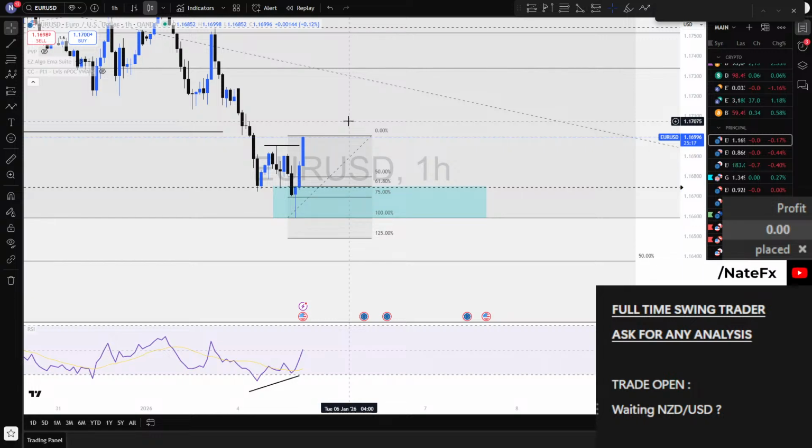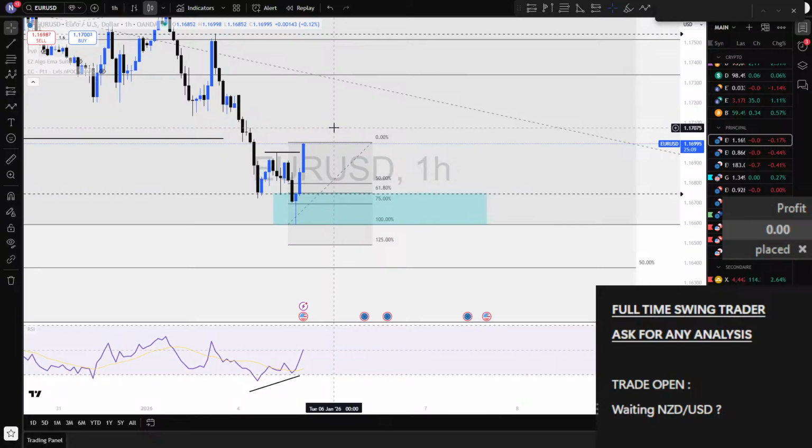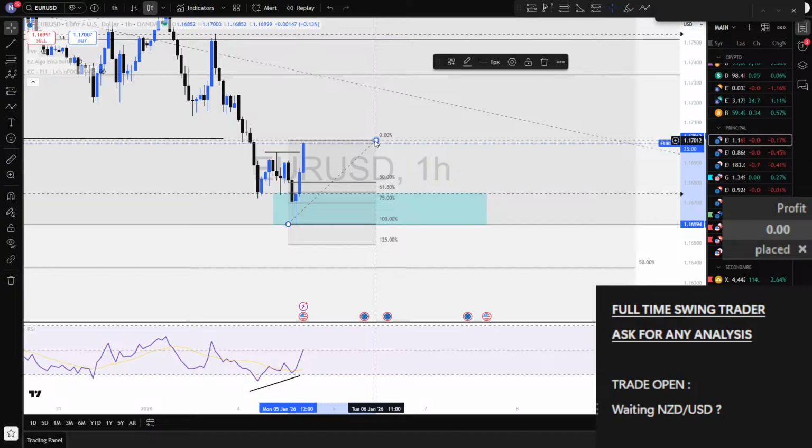But yeah, I'm gonna look Euro USD probably till the end of the day, and probably tomorrow too. If he gave us our trade, I think it's gonna be tomorrow. Hopefully not during the night for me.